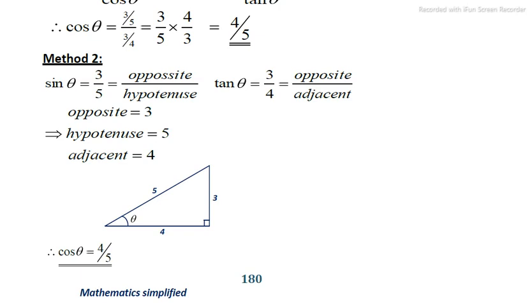We've already got 3 as our opposite, but 4 will be our adjacent. So after allocating the adjacent, opposite and hypotenuse, we can now find cos, because we very well know that cos equals adjacent over hypotenuse. So the adjacent is 4, the hypotenuse is 5. So we simply pick up from the diagram to give us cos theta.